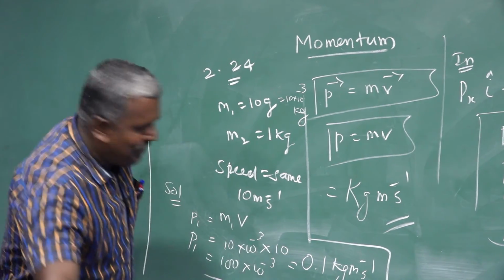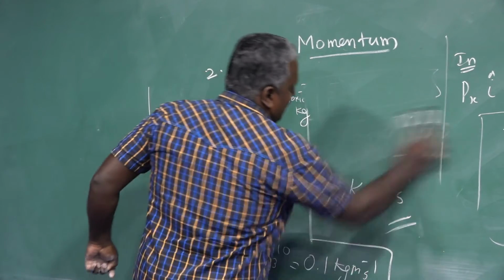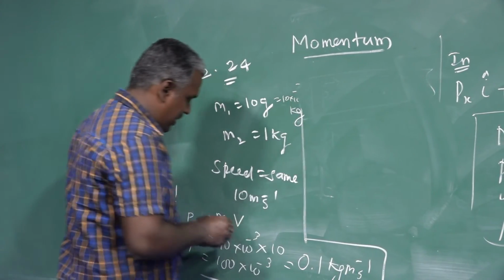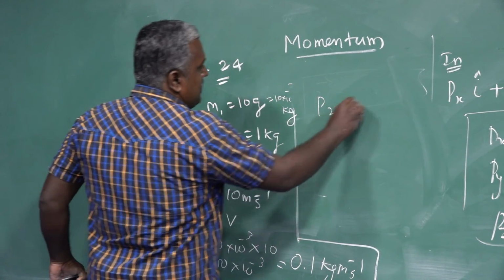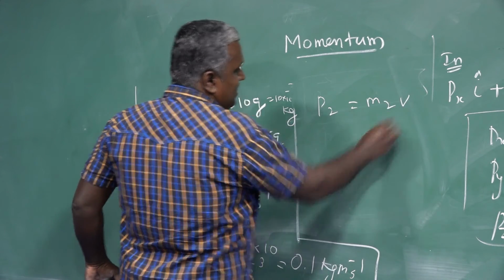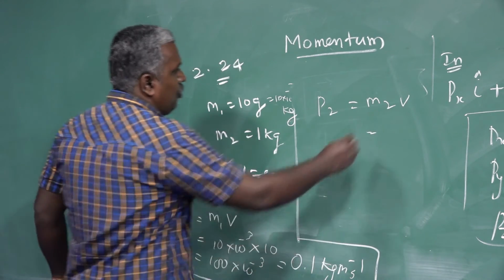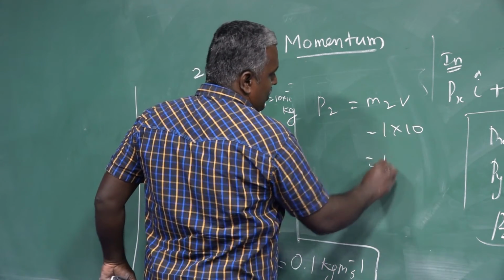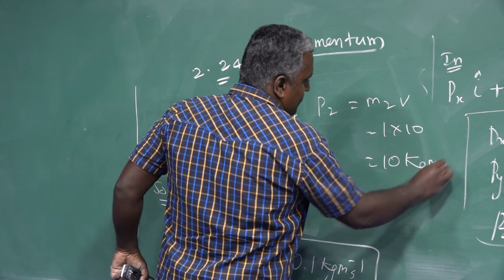P2 is equal to M2 into V because V is the same. M2 is 1, into 10, so 10 kilogram meter per second.